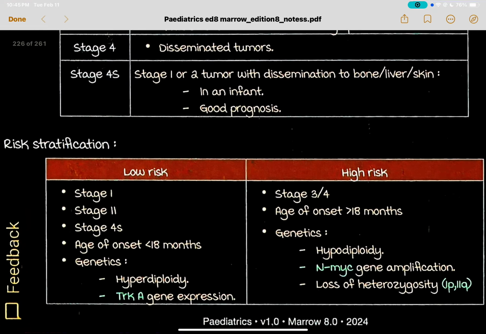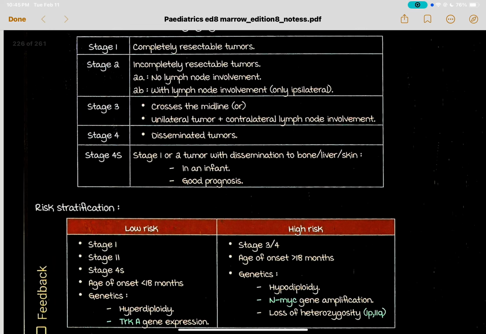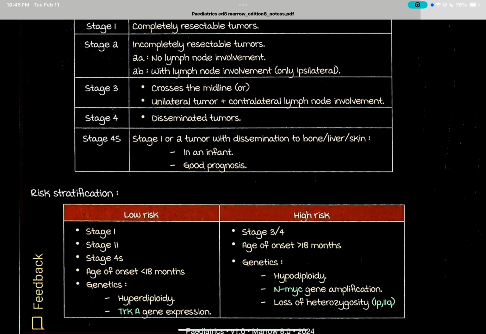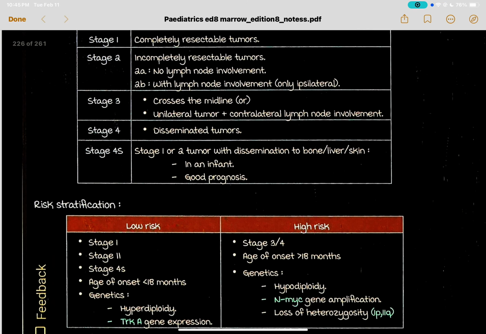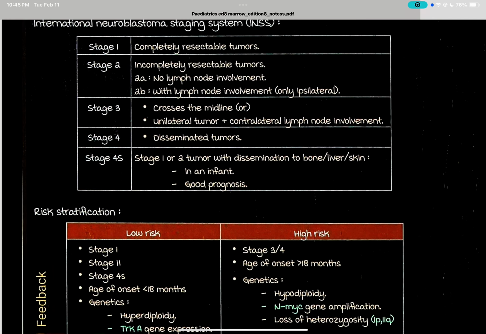Risk stratification: low risk and high risk. Low risk includes stages 1 to 4S: stage 1, a completely resectable tumor; stage 2, a resectable tumor plus ipsilateral lymph node involvement if present; and 4S, dissemination to bone, liver or skin in an infant with good prognosis.